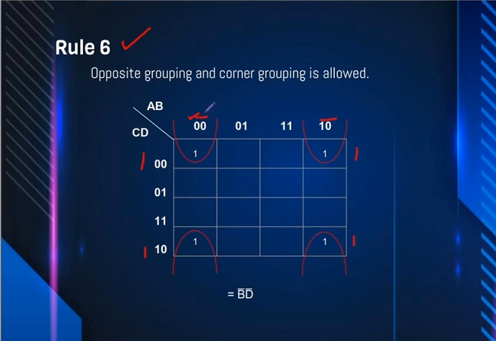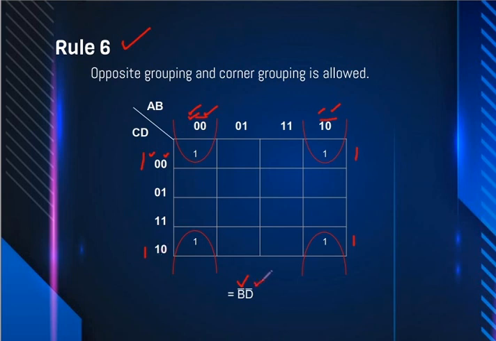What is common? What is A? 0 1, it's not common. We'll take 0 0, B complement; we'll take B complement here. What about here? C is 0 1, we will not take it because it's not common, but for D it's 0 0, so we'll take D complement.